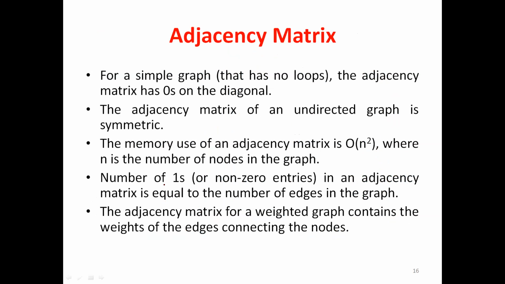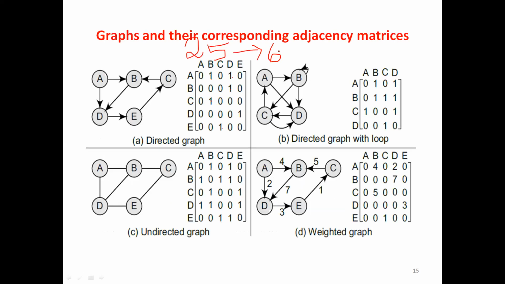The number of ones in an adjacency matrix is equal to the number of edges in the graph. In the first graph, how many ones? 6. So it means that there are 6 edges in the graph.